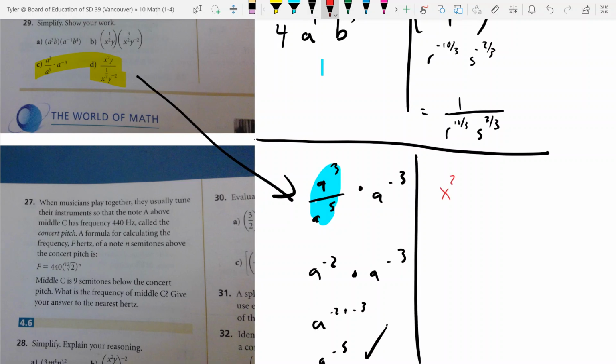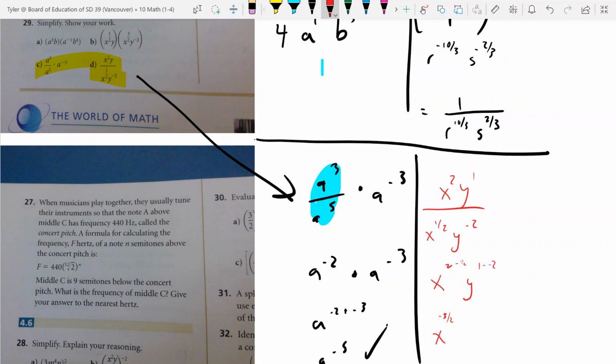This next one's x squared y over x to the power of half y to the negative 2. So the x is going to become x to the 2 minus a half, which becomes x to the 3 halves. And then the y is y to the power of 1 minus negative 2.